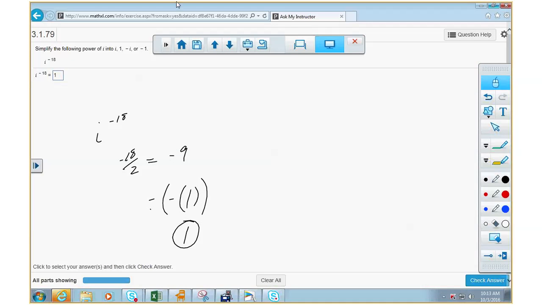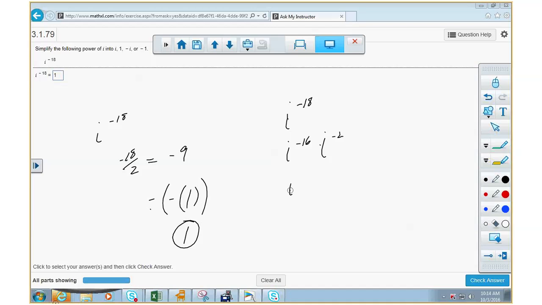Okay, then let's try the other way. I'm trying to figure out a way for y'all to do it easier. i to the negative 18, well heck, it's not divisible by 4. So i to the negative 16 times i to the negative 2. And i to the negative 16, 16 divided by 2 is what? Negative 8.